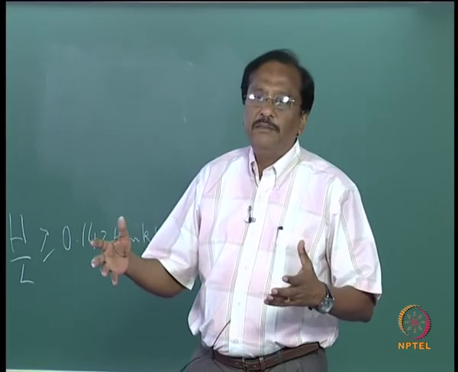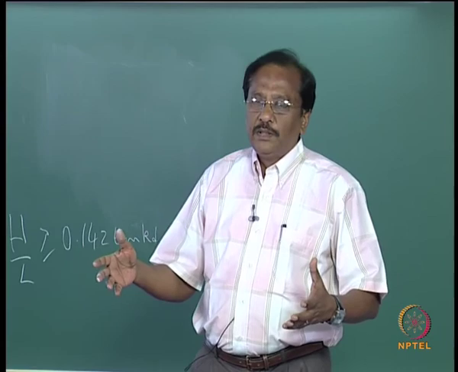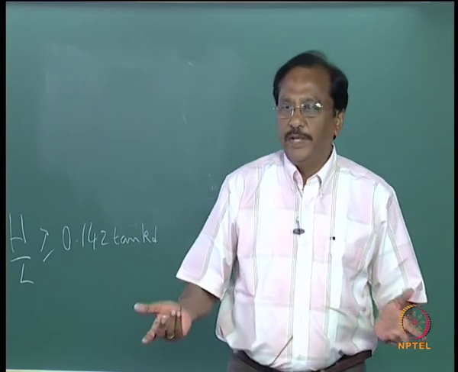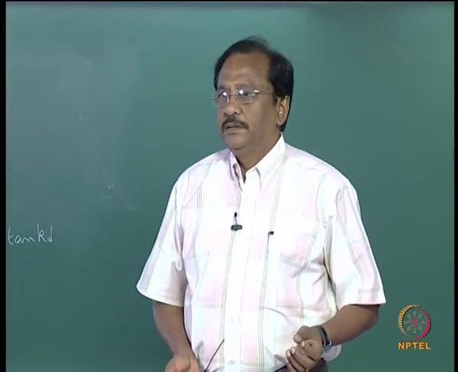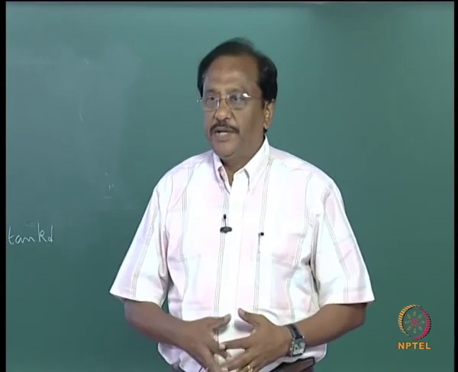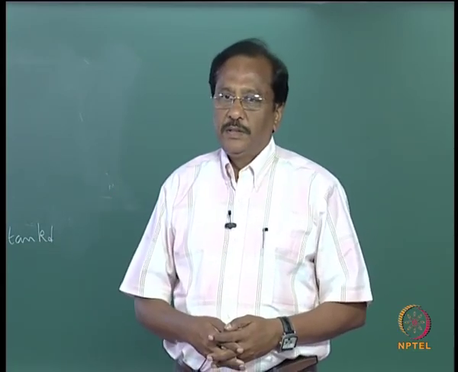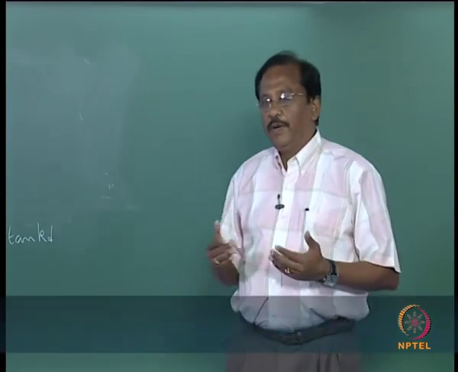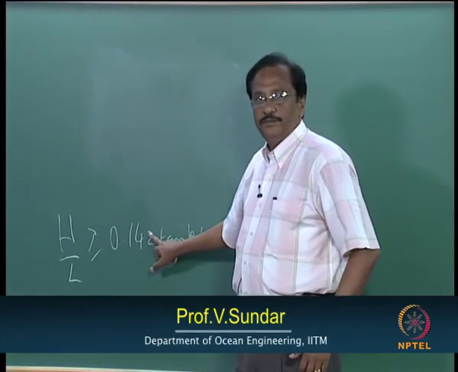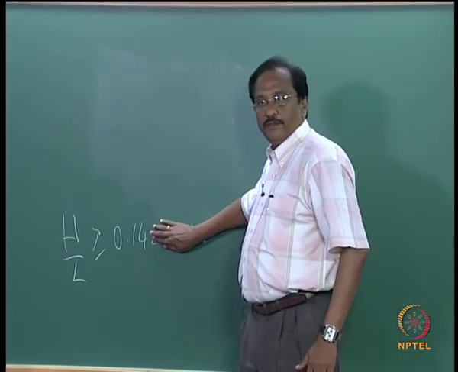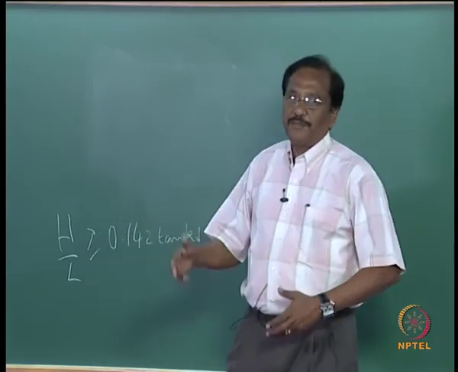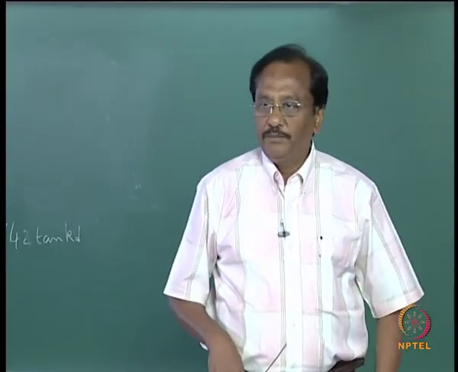So, this is the problem which explains the depth limited breaking criteria. Depth limited as well as your steepness also. Suppose in case you have only the deep water, then your tanh kd will not come into picture at all, only H by L will come into picture. Now, since the water depth is also included, I am calling it depth limited as well as steepness limited. Okay.